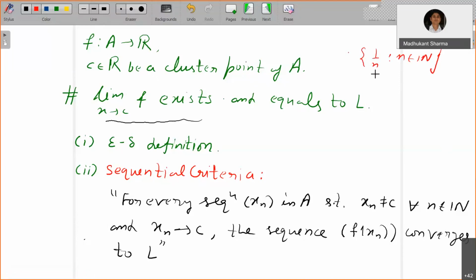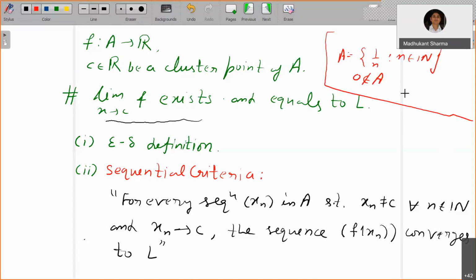The limit of 1 by n is 0, but 0 does not belong to A, yet 0 is a cluster point of A.